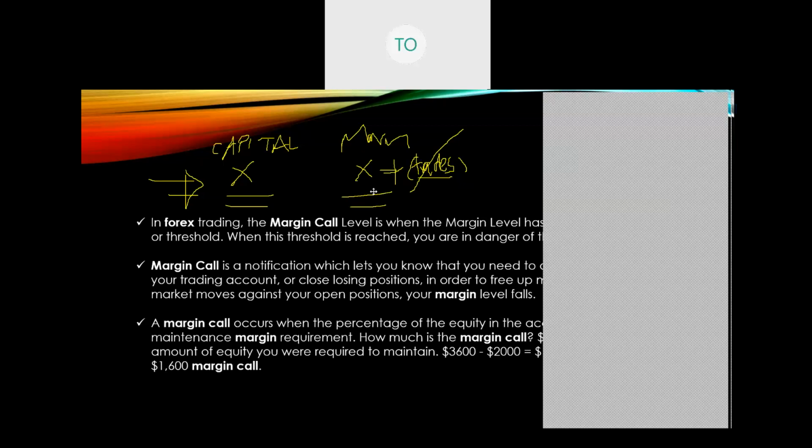So we've talked about stop loss, take profit, what a margin is, and the margin call. A margin call is system generated, or in a live account, you can stipulate. You can say, please let me know every time I lose this amount.